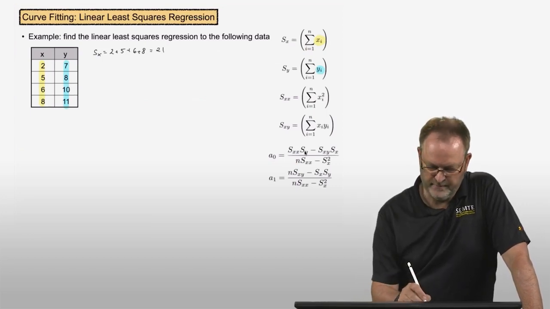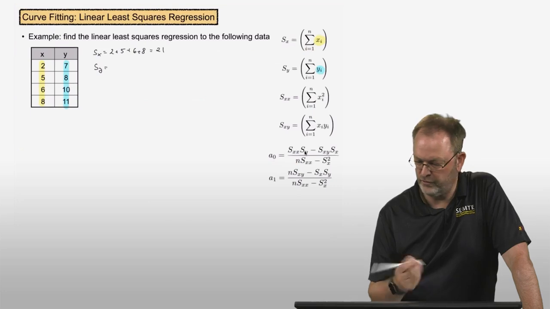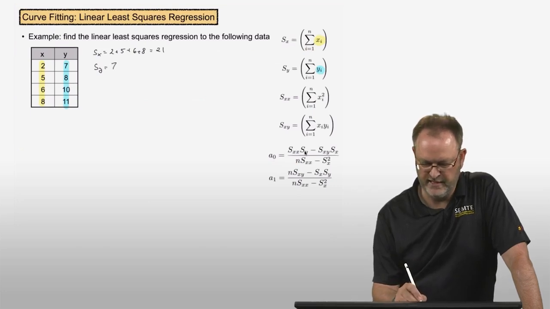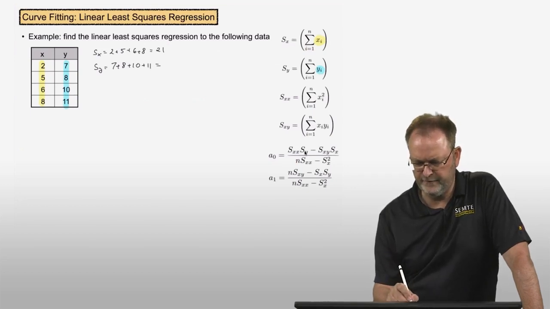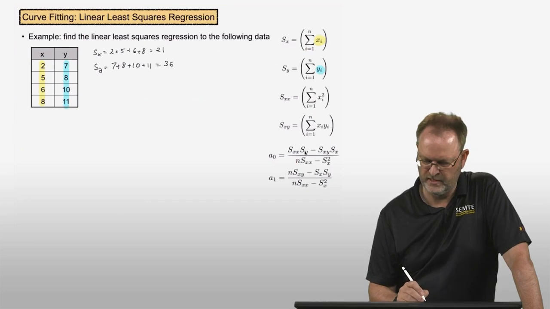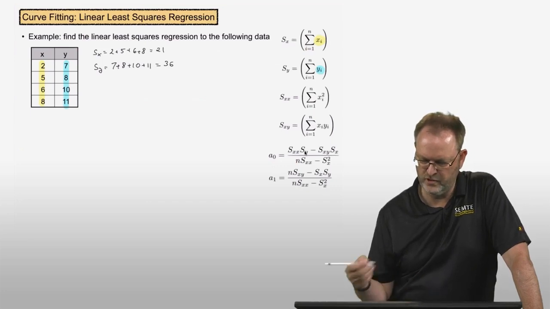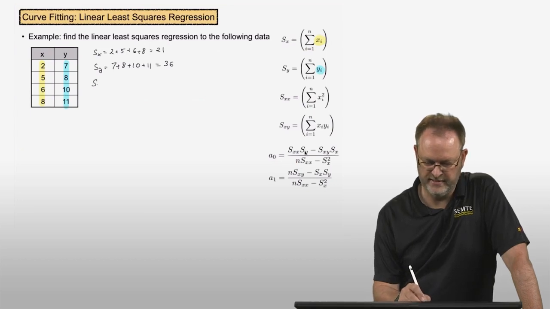Next up, Sy. Sum of all the y values. 7 plus 8 plus 10 plus 11. 15, 25, 36. Next up, the sum of all the x values squared. So Sxx is equal to the sum of all the x values squared.